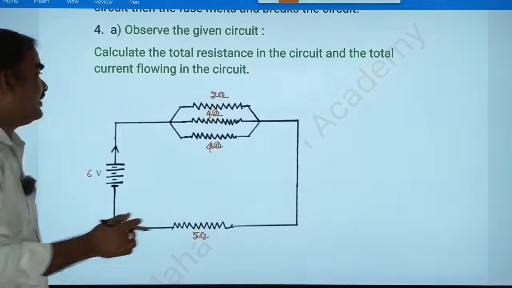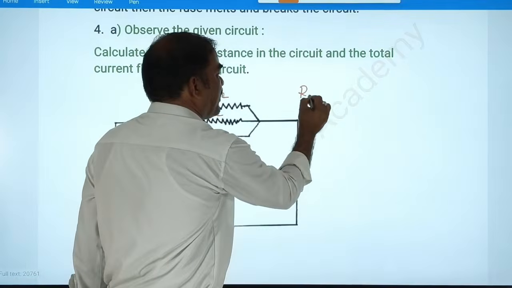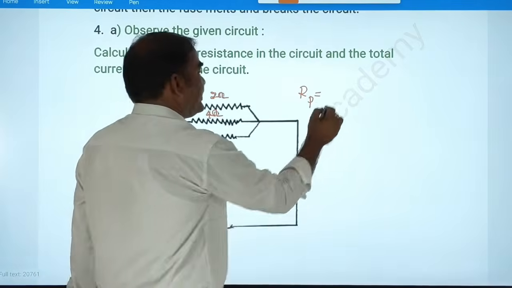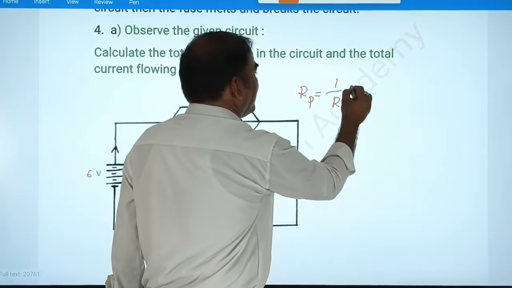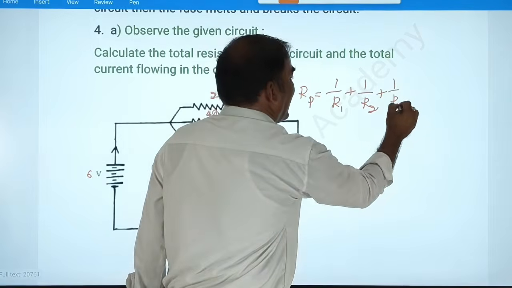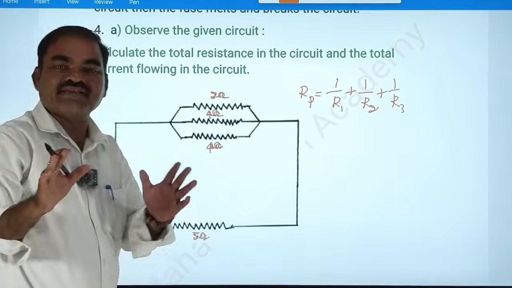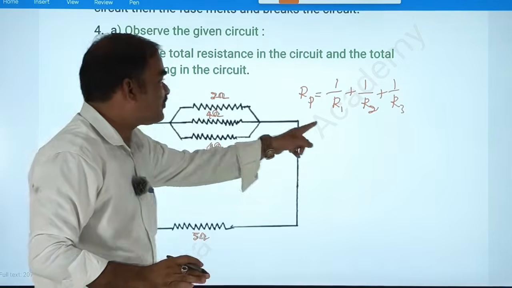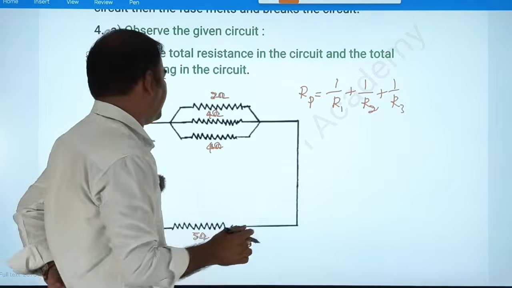So for that, first the resistances in parallel. We know the formula: 1 by R1 plus 1 by R2 plus 1 by R3. Why have I taken this? Because 3 resistances are there, so R1, R2 and R3 I have taken here.